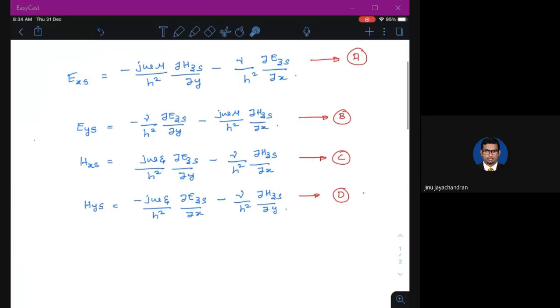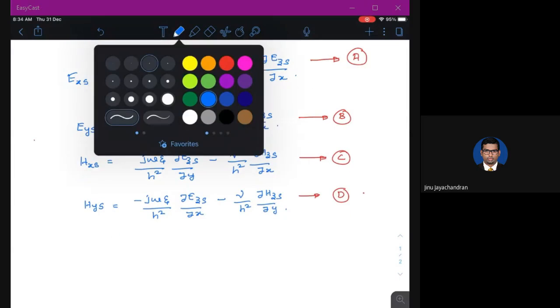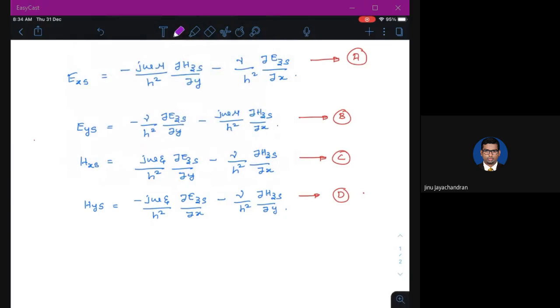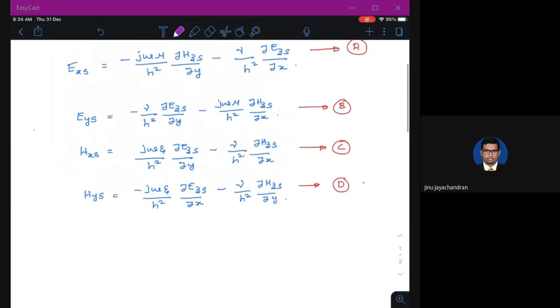Okay, so let me write it down. I'll write it as different conditions. Okay, let me choose a different color. So the first statement is like this: Ez is equal to 0, that is equal to Hz. That means both electric field and magnetic field components along the direction of propagation are 0.